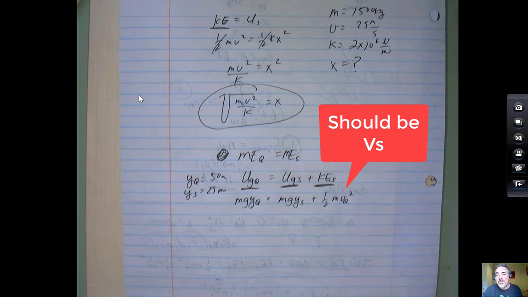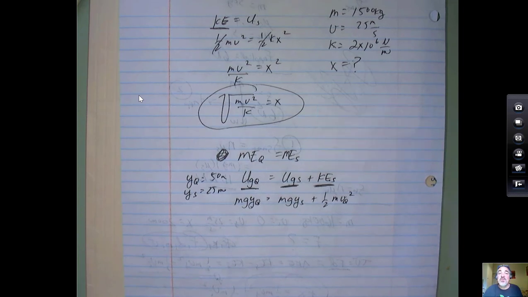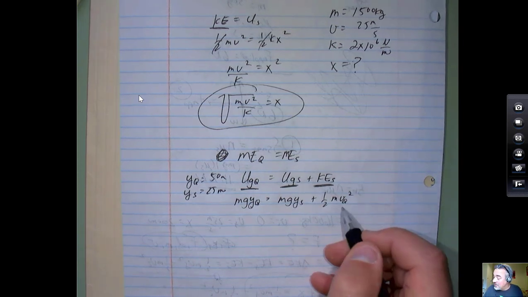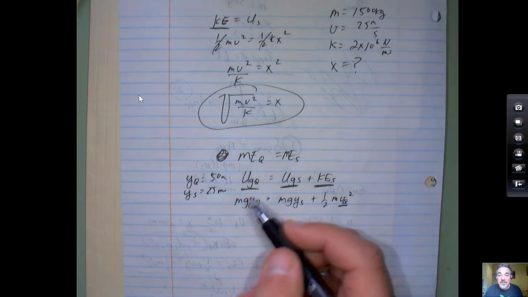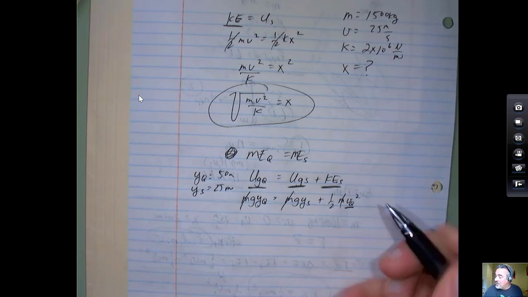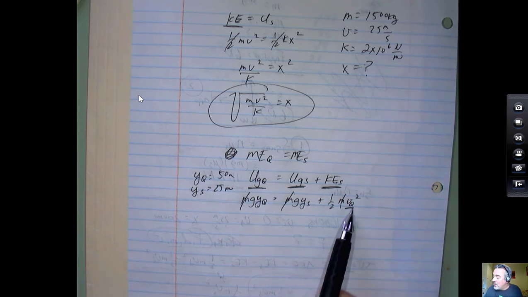So in the chapter, this is from chapter 10, you're not going to find the speed formula. We have to use the concept, put in the details, and then hopefully what we're looking for comes out in the equation. And it will, and you can see that it does. This is what we're trying to find. There's a mass in every term, so the mass cancels out. With just a little bit of algebra here, you can solve for the speed.